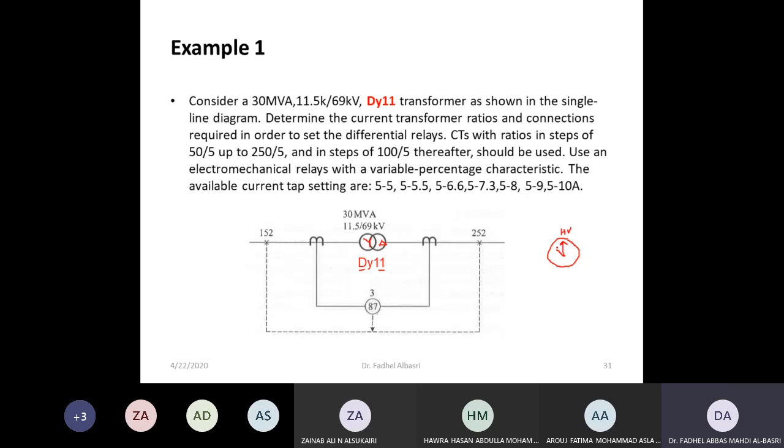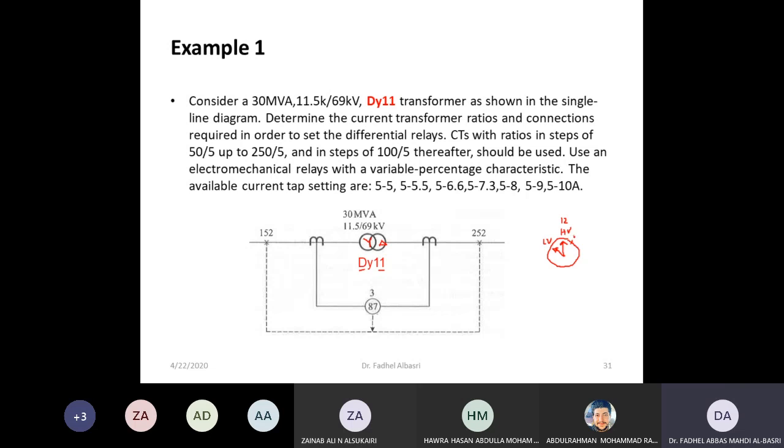And at 11 o'clock, this grouping is the vector groups. So that's 11. Imagine you have a clock with numbers. This is the 12 o'clock, always pointing towards the HV side as our reference.